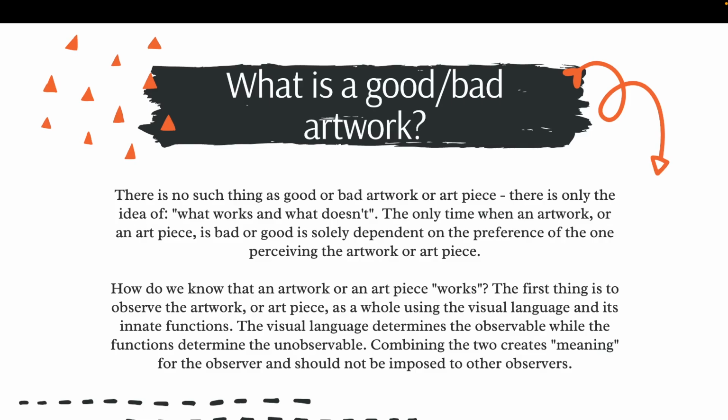Now, the first thing is to observe the artwork or an art piece as a whole using the visual language and its innate functions. Probably I have mentioned this before in one of our sessions where an artwork or an art piece has inherent functions, not just a personal function, but all three: the social, personal, and the physical function. This is because an artwork in itself is already valuable.